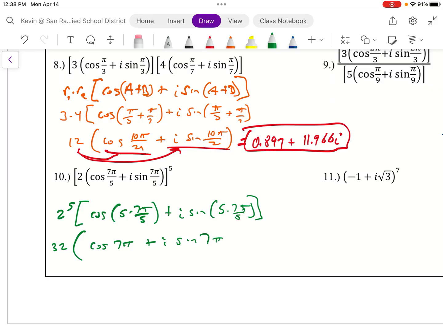Okay, so this is 32 cosine of 7 pi plus i sine of 7 pi. 32. This is negative 1, right? 7 pi. 1, 2, 3, 4, 5, 6. So it's the same as pi.